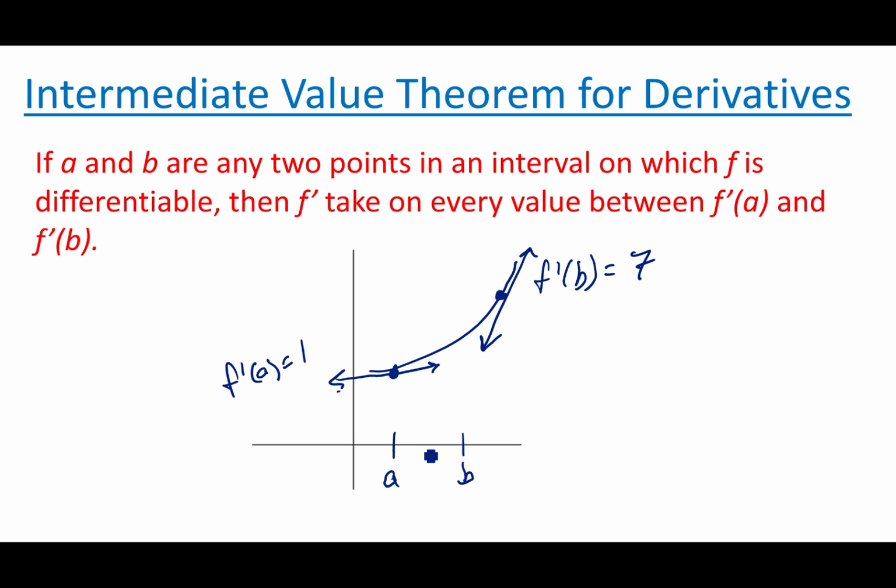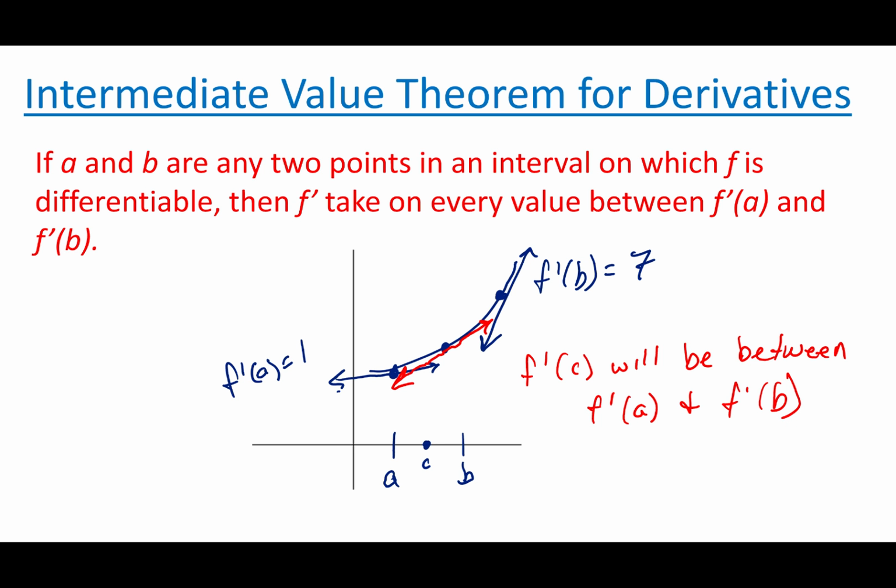So if I picked any point in here, say C, and found my slope here at C, f prime at C will be between f prime of A and f prime of B. It's going to be somewhere between 1 and 7.